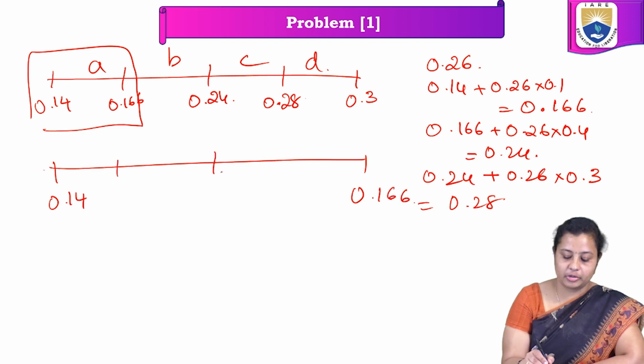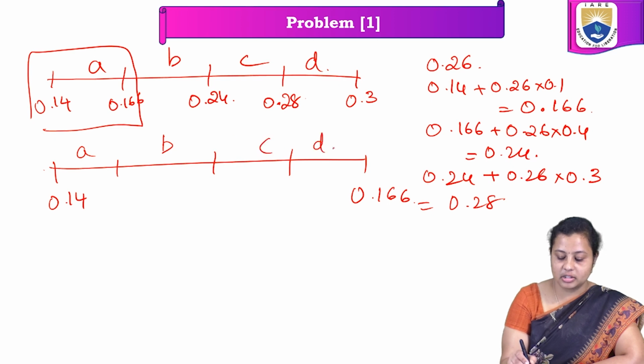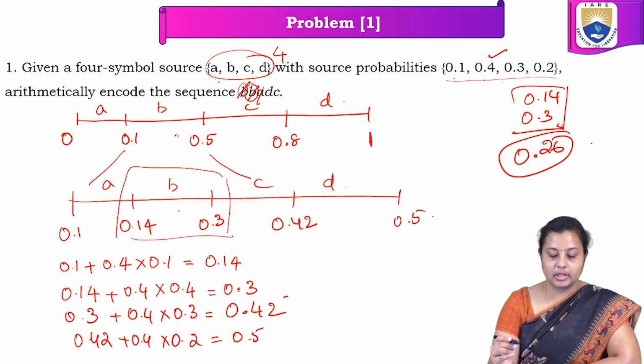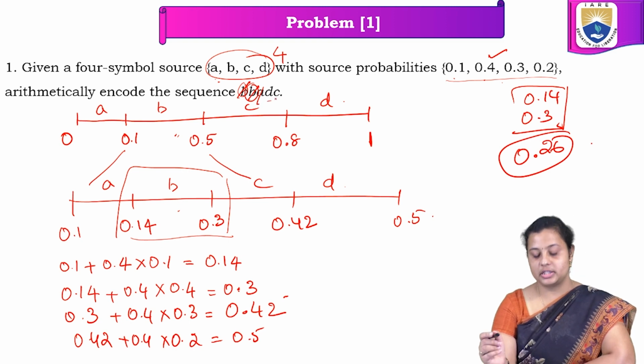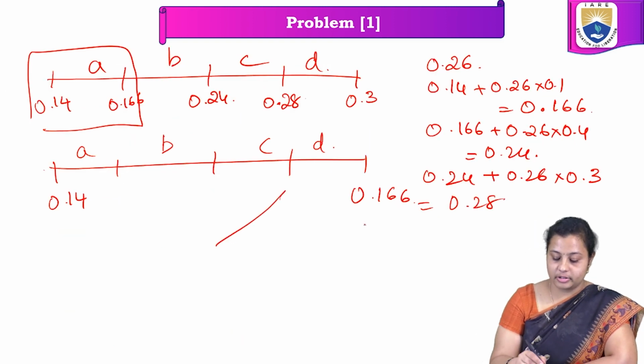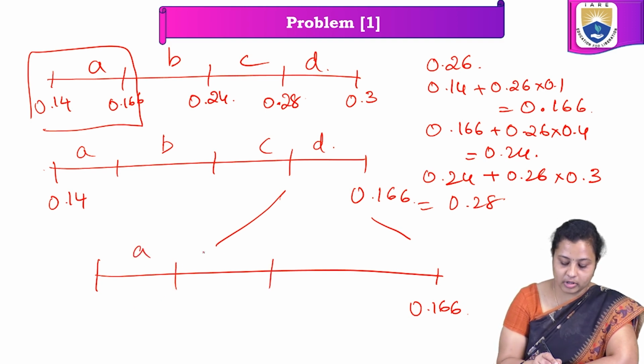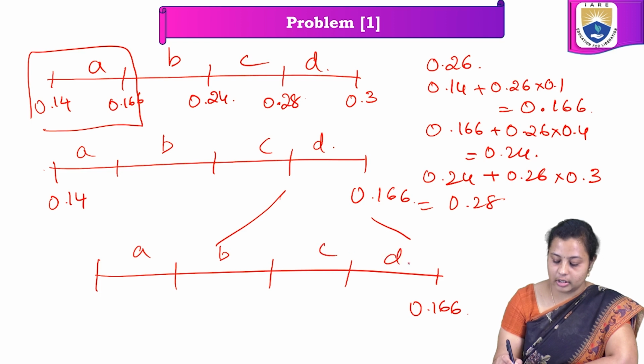So we are going to divide it again into subgroups, which has A, B, C, D, right? So I am coding A, then I have to code my D symbol. So I'll be taking this range, which I'll calculate, and here I have A, B, C, D again, right?